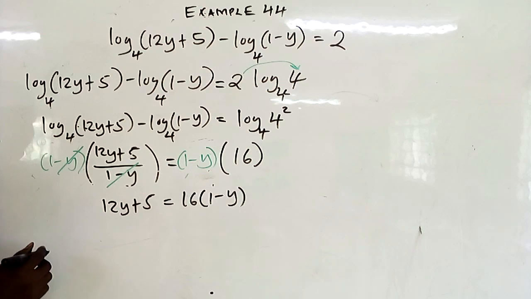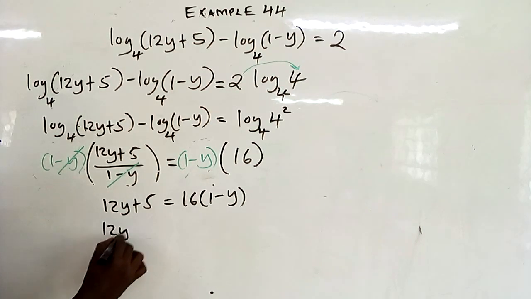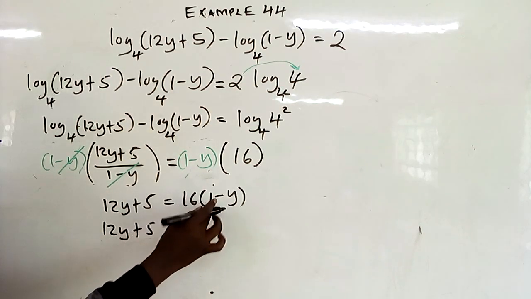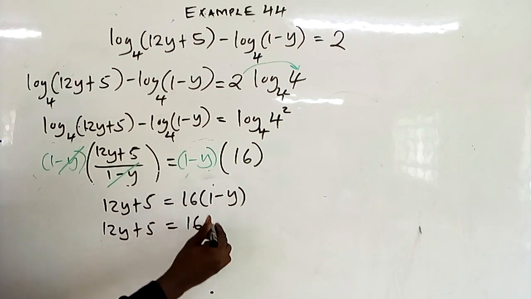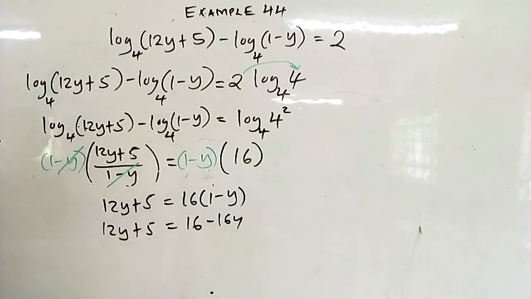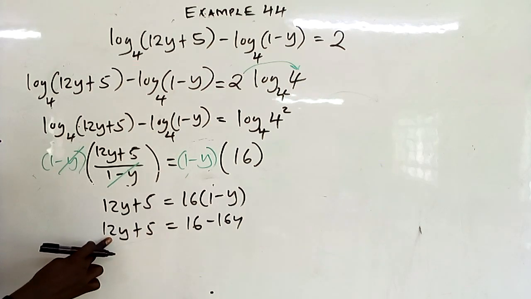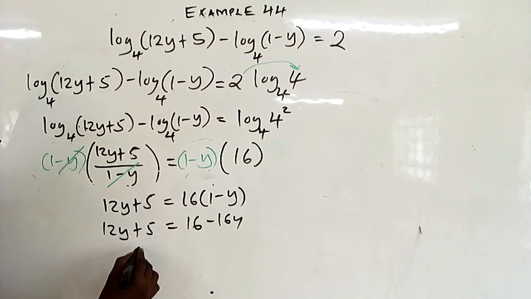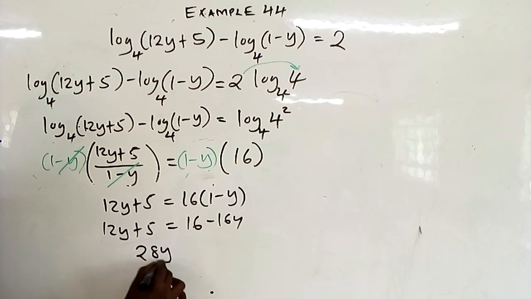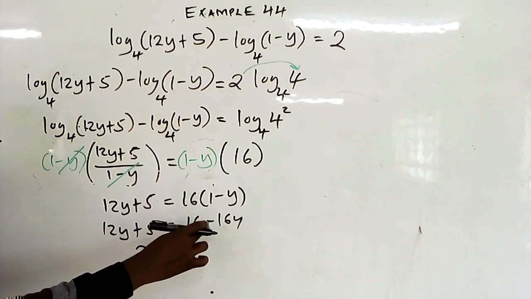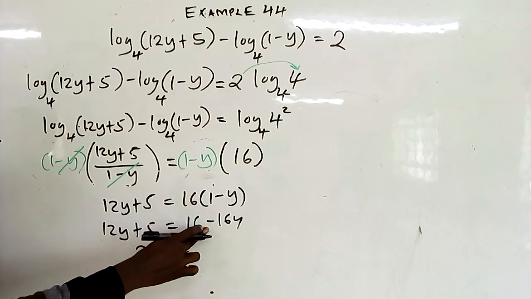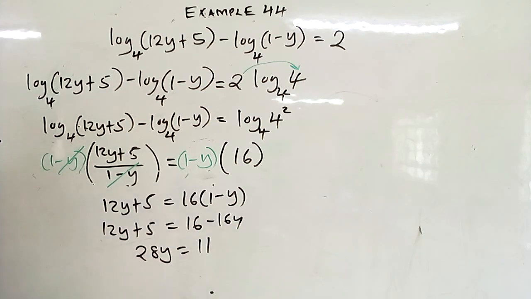Can you now simplify? Here you have 12y plus 5 is equal to 16 times 1. Then 16 times negative y, you get negative 16y. So negative 16y coming this side is positive 16y. Plus 12y, you get 28y, to be equal to positive 5, going the other side is minus. 16 minus 5 is 11.